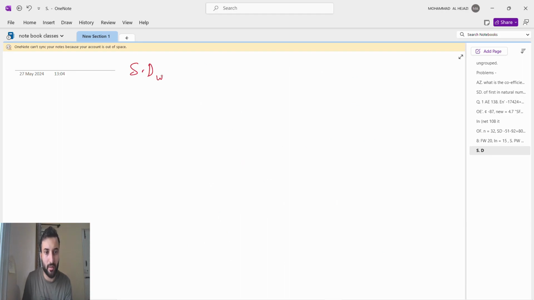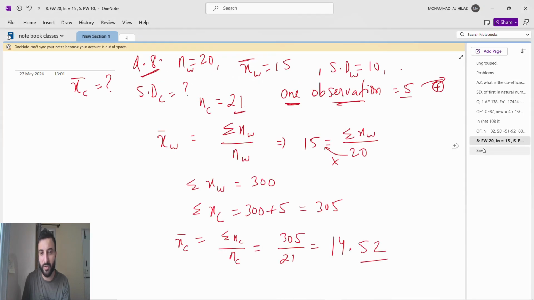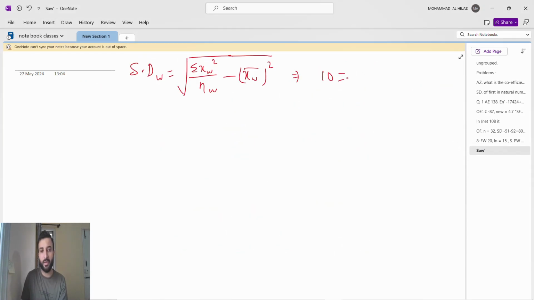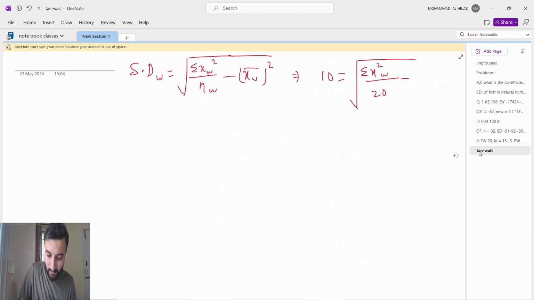First of all, we take the wrong standard deviation, and from that we find the wrong summation of x square. The wrong standard deviation is 10, equals square root of summation of x square divided by 20 minus wrong x bar, which is 15. 15 square is 225.